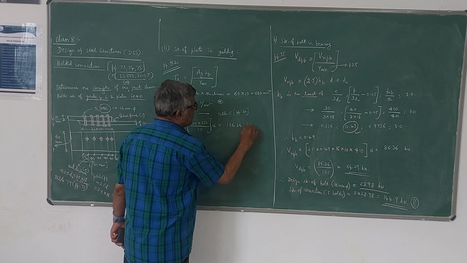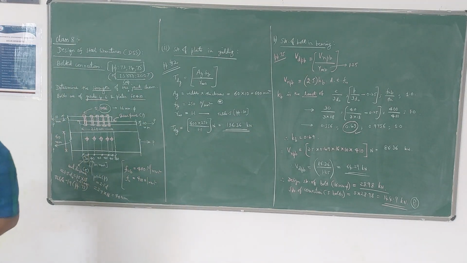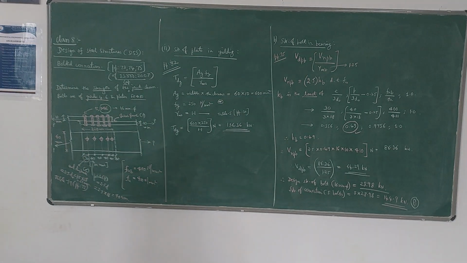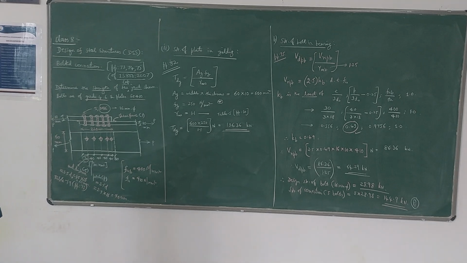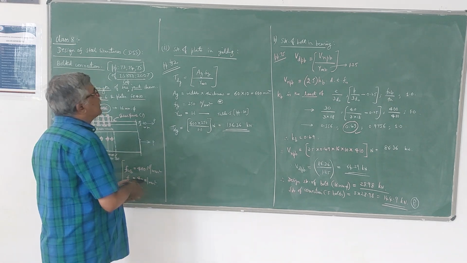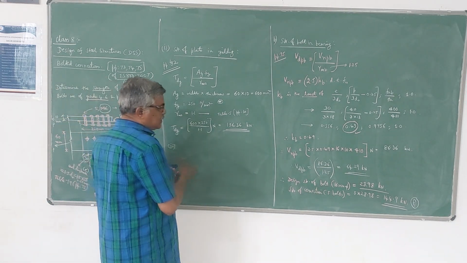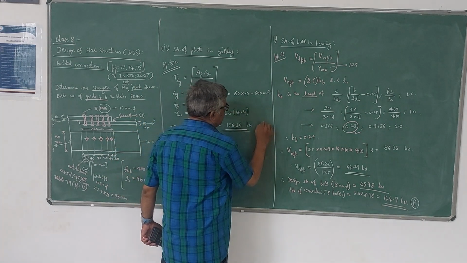So this is the value of the strength of the plate in cross-section yielding. According to our system, this is the P2 value.